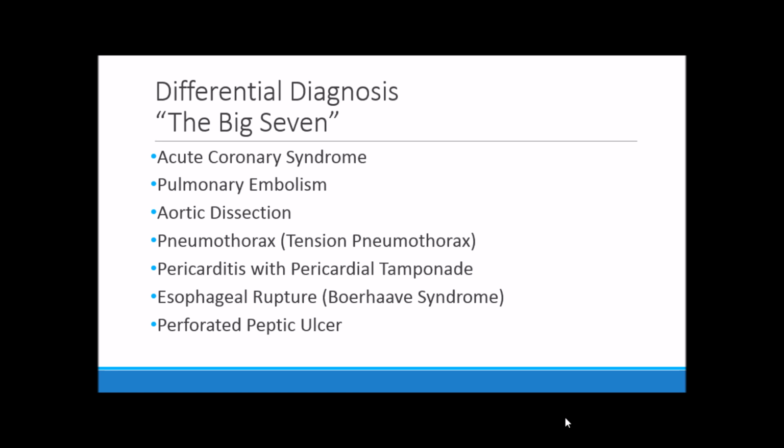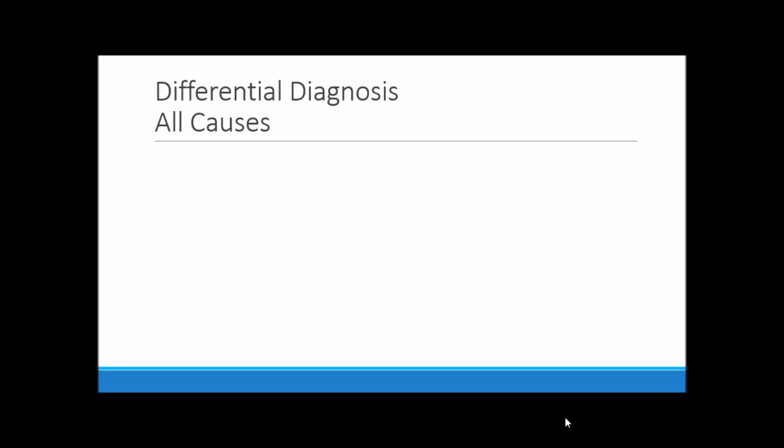Now, you may not be very suspicious because they may be telling a story that's very consistent with, let's say, costochondritis. Or maybe they have zoster, okay? But it should cross your mind. And some thought process should happen that makes you think about, is it or is it not one of these big seven? Okay.